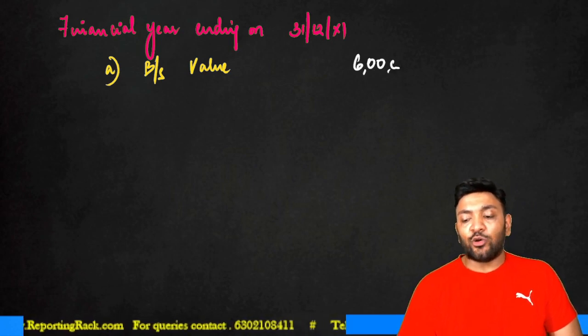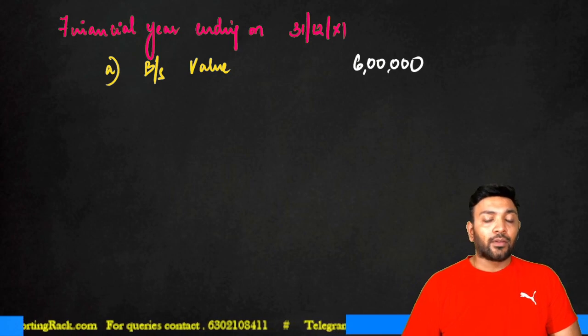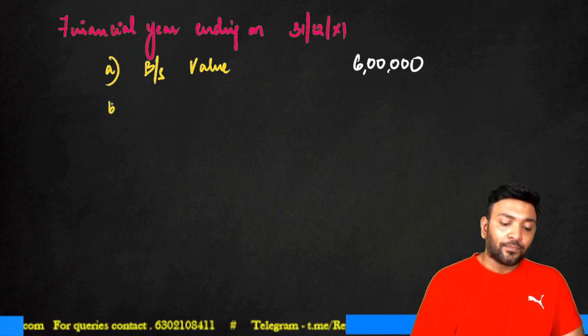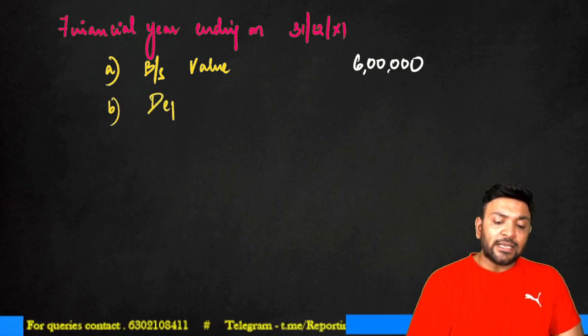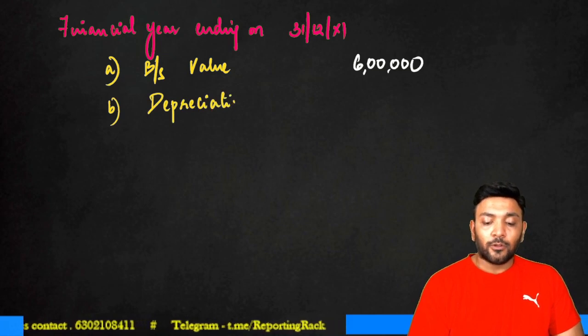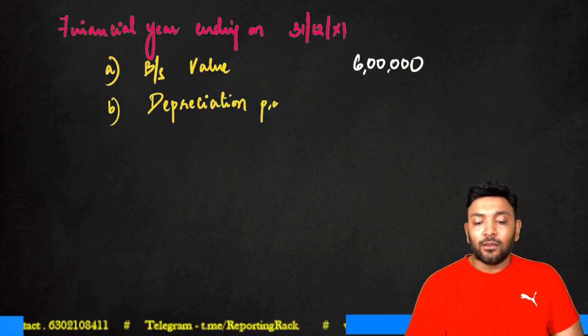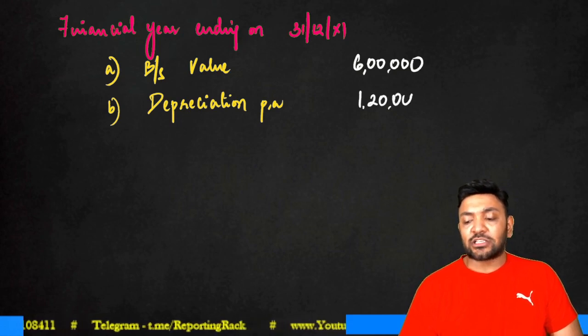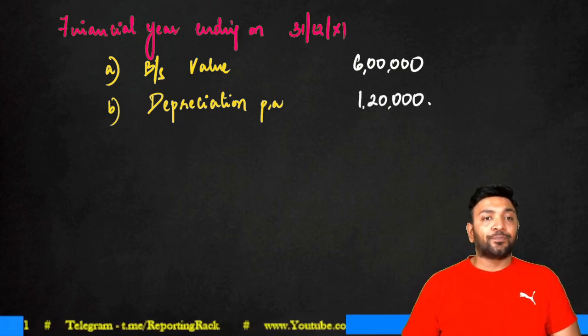Correct? That is the carrying value, net book value in the balance sheet. Depreciation per annum is already given to me as 1,20,000, which is 10% on the original cost of 12 lakhs.